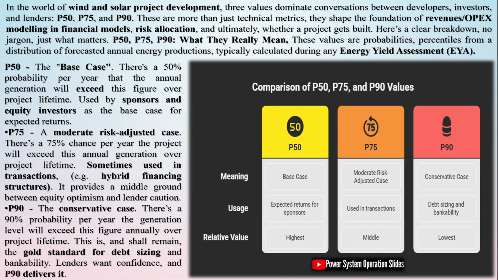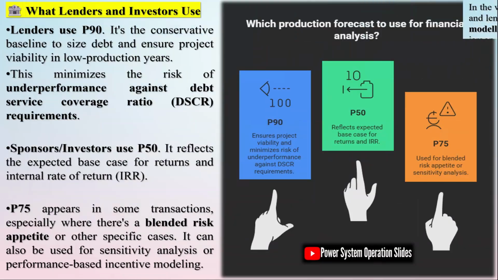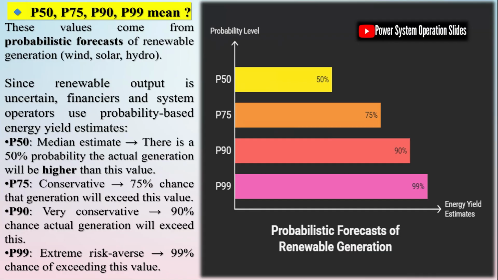To address this challenge, probabilistic forecasting metrics such as P50, P75, P90, and P99 are applied. These figures do not represent a single deterministic outcome but instead describe a statistical distribution of possible outputs. This probabilistic view is critical because it helps both investors and system operators prepare for a range of scenarios, from highly optimistic to highly conservative energy production levels.